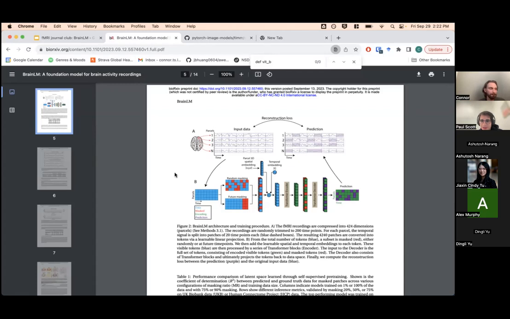But it's hard to unite labs and groups, because I imagine this Yale group is not the only group trying to do this kind of thing. There are probably a lot of groups now trying to build foundation models of fMRI.